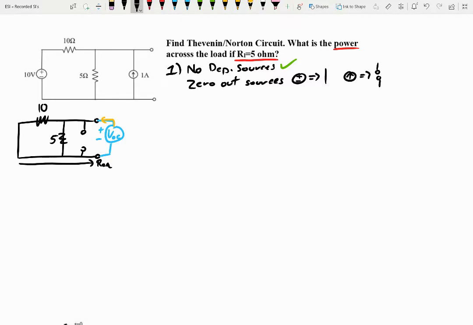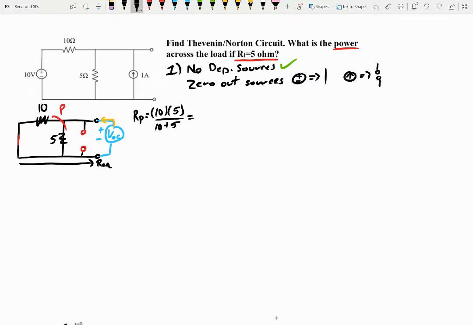All right. So we see that from here, this is where that battery was, and this is where the current source was. But we see that that's a wire that's not clipped out. Those two will be in parallel, so our parallel will equal 10 times 5 over 10 plus 5.